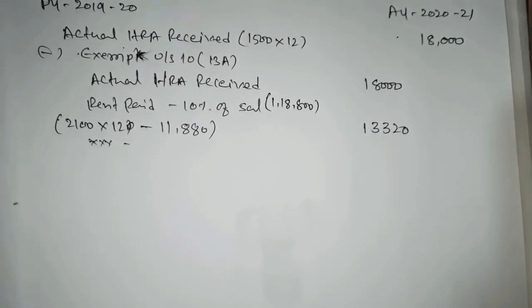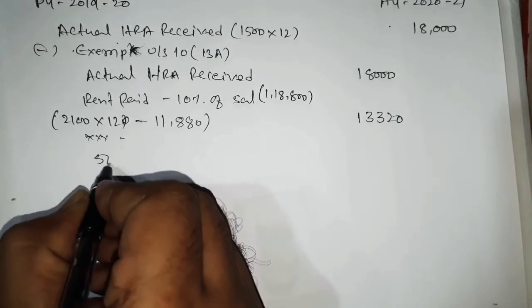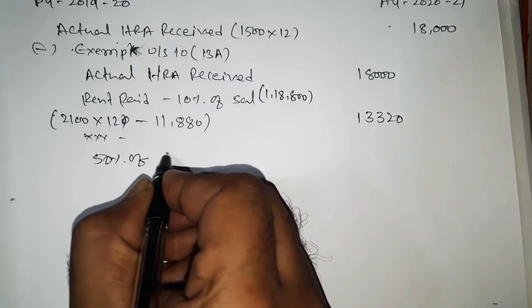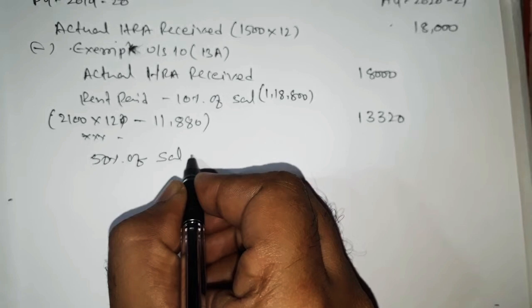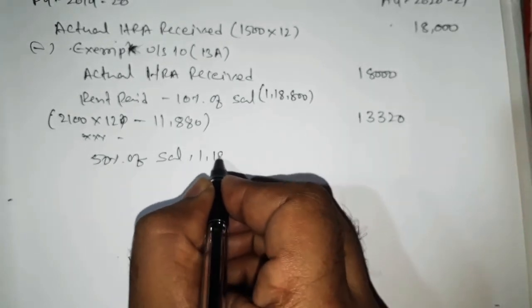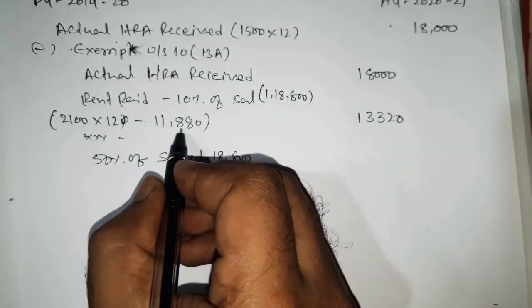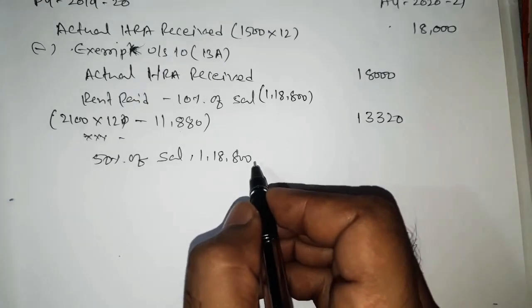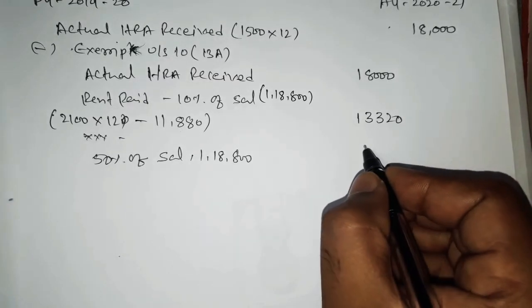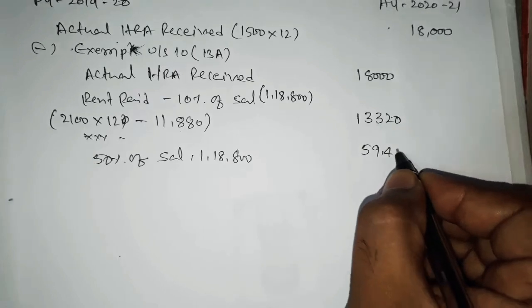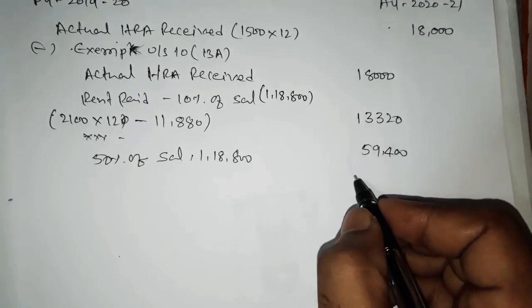Next and final, the 50 percentage of salary. 50 percentage of salary on 1,18,800, you will get the value of 59,400.